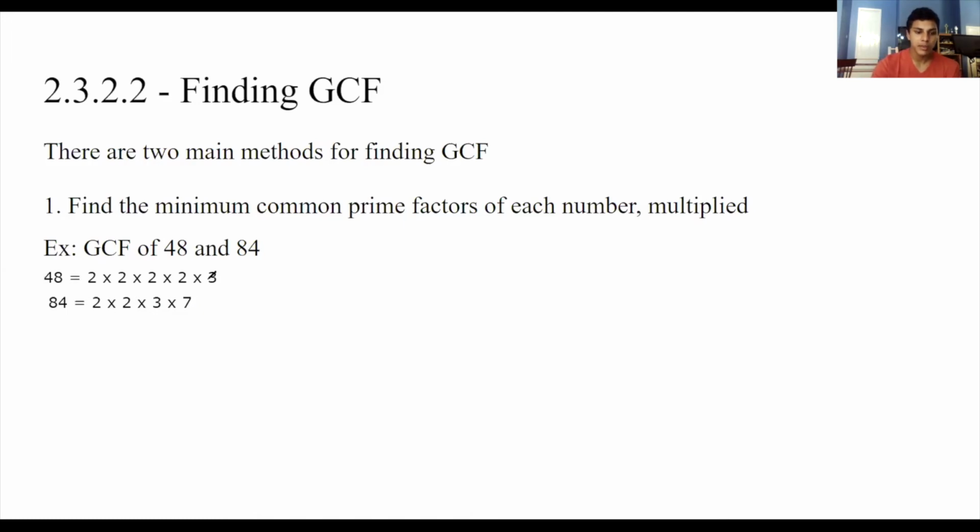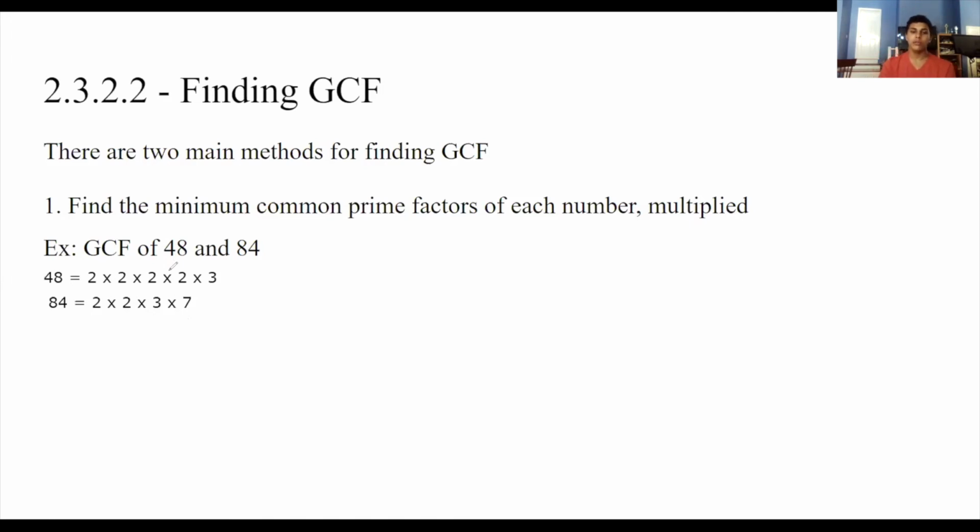So if I'm looking at my prime factorization, that means I can also eliminate any numbers that these two numbers don't share as factors. Here I see in 48, I have 2 times 2 times 2 times 2 times 3. And in 84, I have 2 times 2 times 3 times 7. Well, they both have 2's in them. They both have 3's in them. But 84 has a 7 and 48 doesn't.